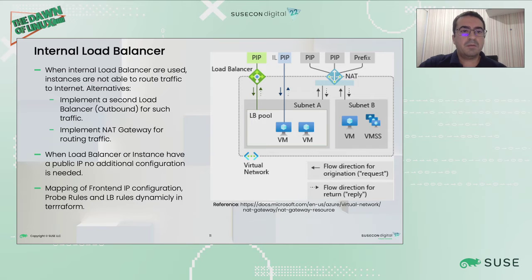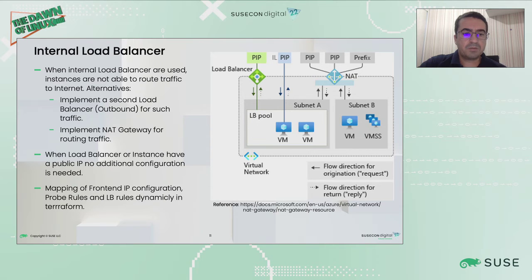When we discovered that we had both options, we implemented both in our automation so that the customer could select which one is best for their deployment. But when the load balancer or instance has a public IP, there is no need for additional configuration, and these alternatives are not needed.